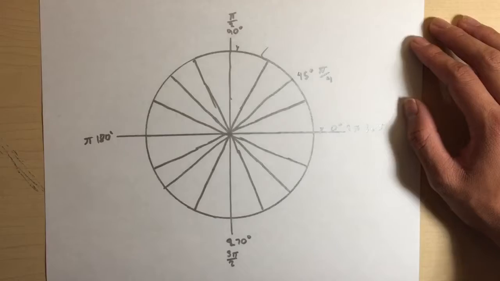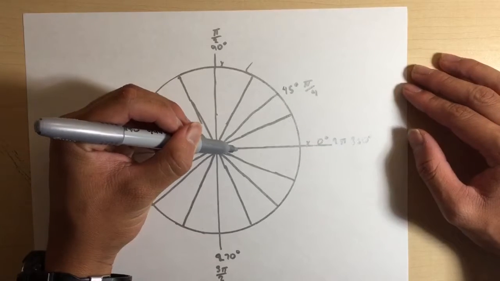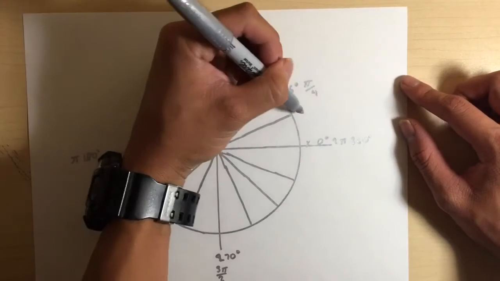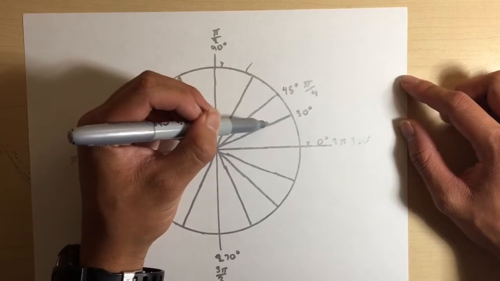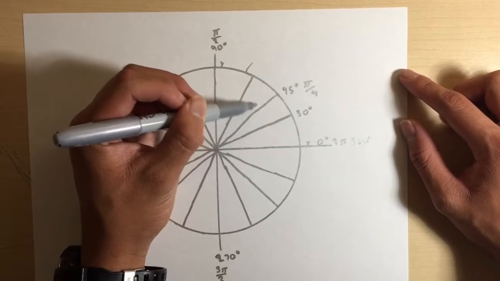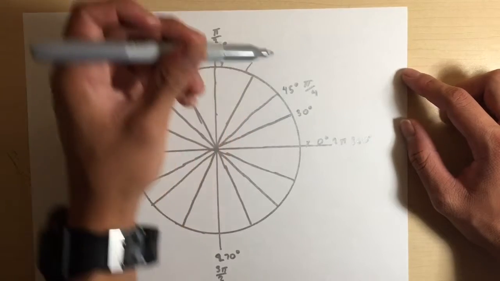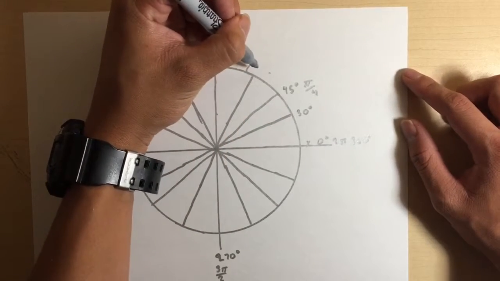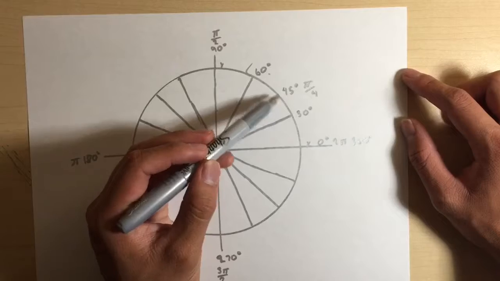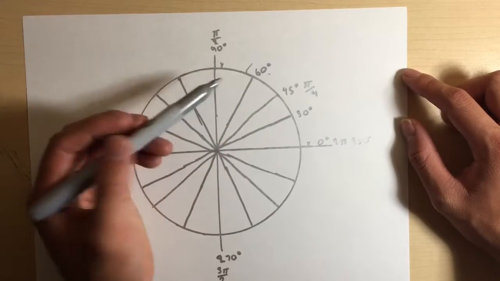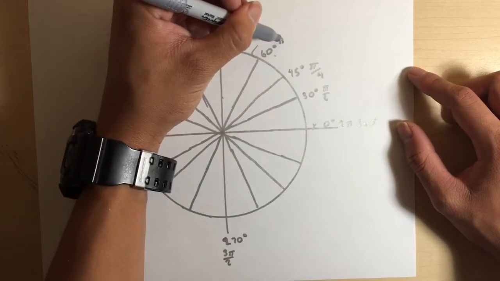Also keep in mind, this angle right here, as defined in the unit circle, is 30 degrees, with a 15 degree gap in between here and here, because these two are the same. So that's 15 plus 45 equals 60 degrees. So 30, 45, 60, and 90. And this in radians would be pi over 6 and then pi over 3.